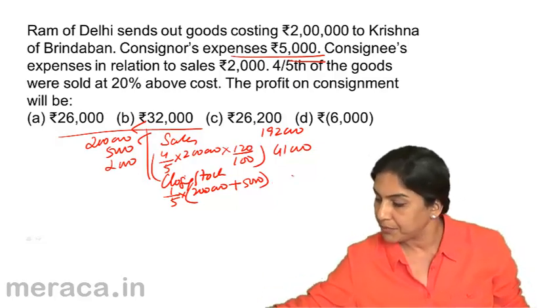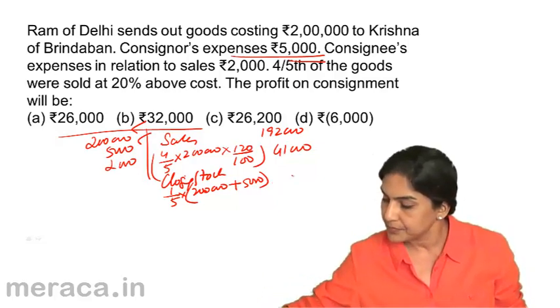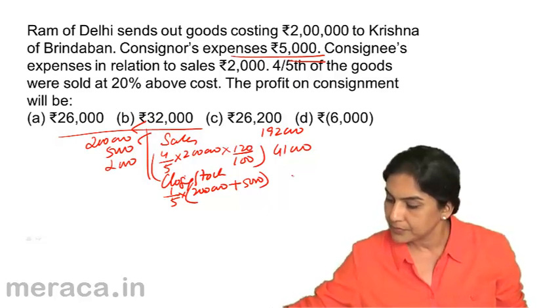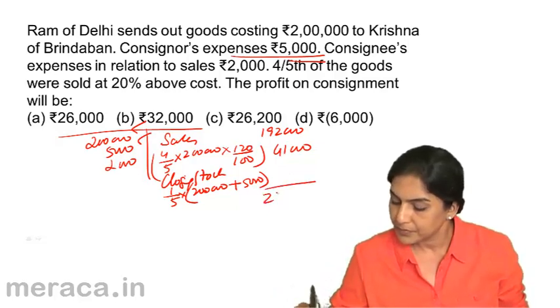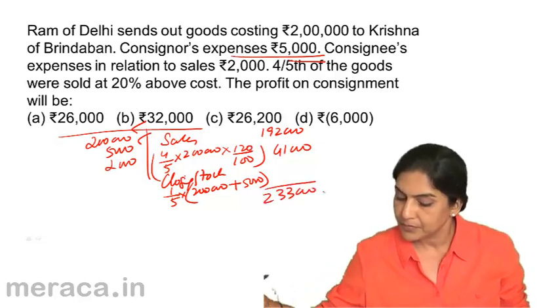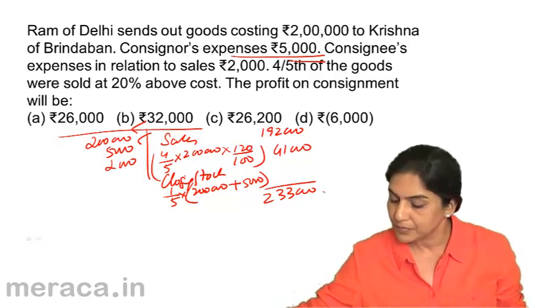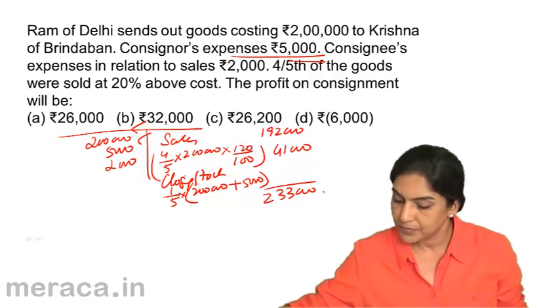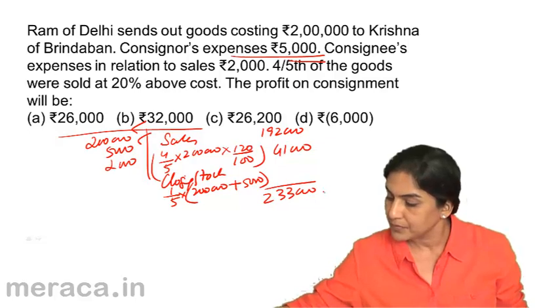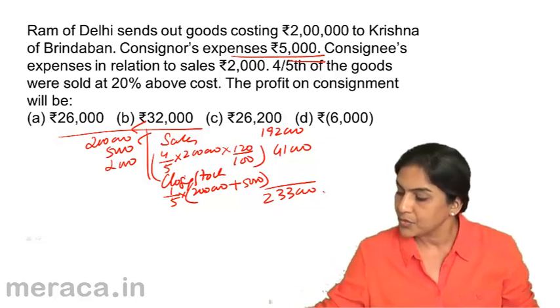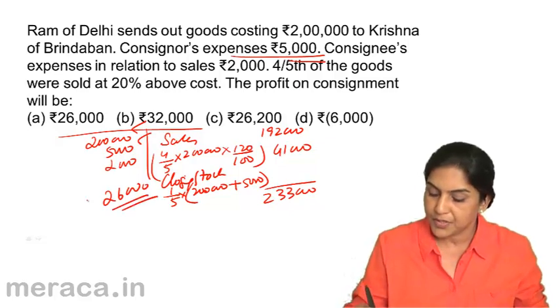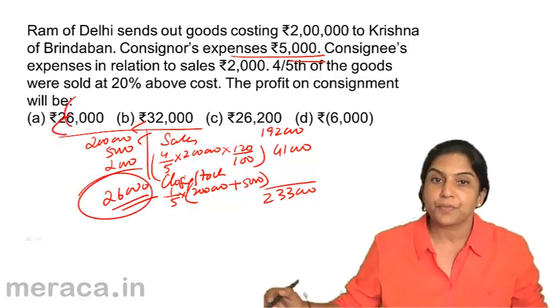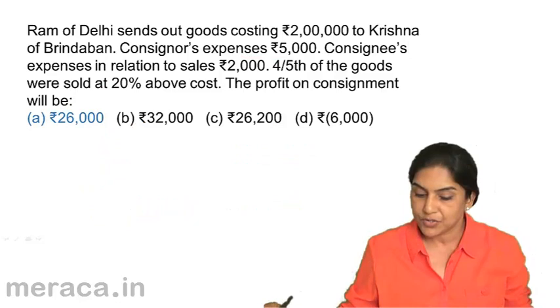Therefore, what would be the profit? 26,000 should be the profit. Correct answer should be A, 26,000.